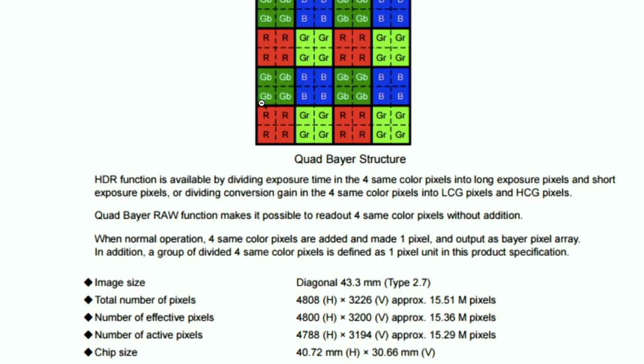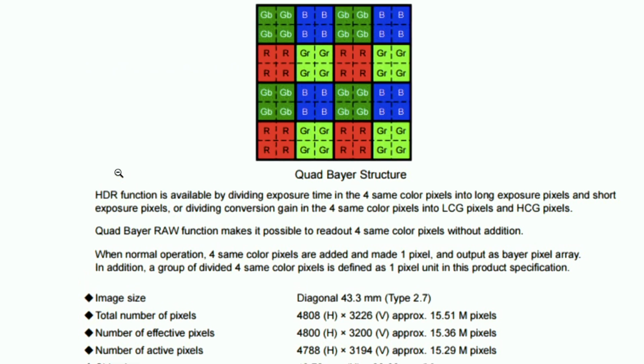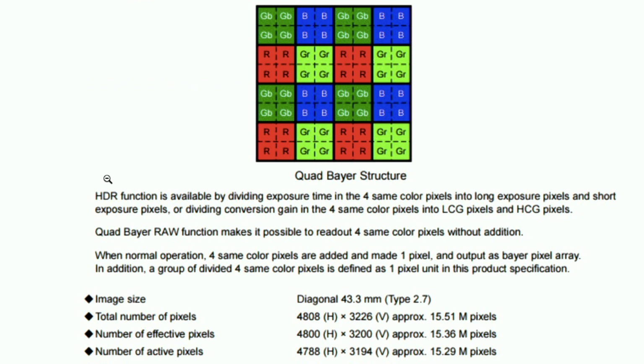Now it becomes quite interesting, because they say there's also an HDR function available by dividing exposure time in the 4 same color pixels into a long exposure and a short exposure pixel. That means all these buckets are not filling up at the same speed, which gives you this trick. Then they throw out 2 terms called LGC pixels and ACG pixels.